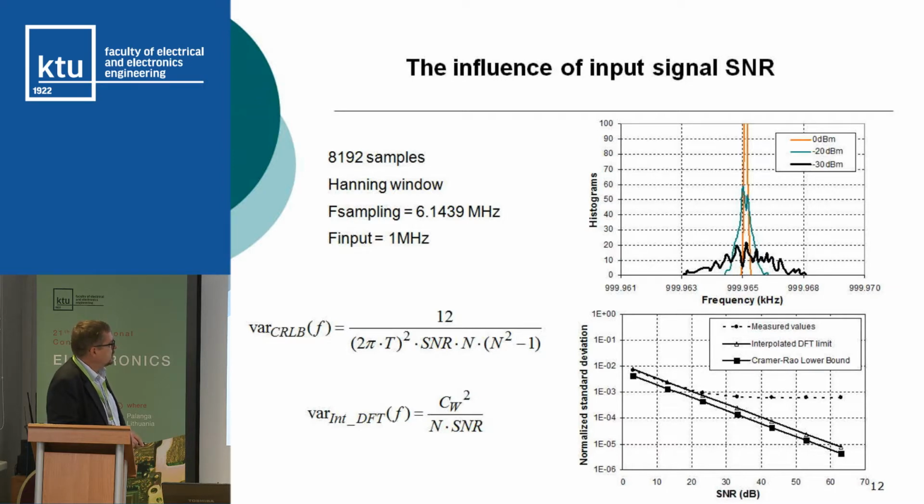There are also measured values drawn, and something strange happens here, because for signal to noise ratio greater than about 25 decibels, the accuracy does not increase with increasing SNR.